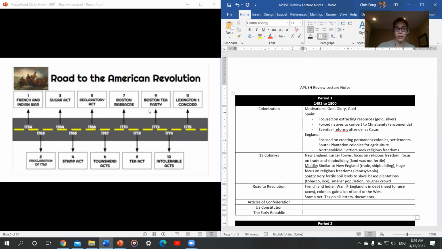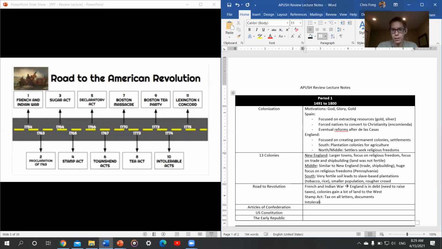Perhaps the Boston Tea Party, where the colonists dressed up as Native Americans and threw millions of dollars of tea into the Boston Harbor. You might also want to know the Intolerable Acts, which did a variety of things, but it basically said that the British Crown tried to take control of colonial governments.